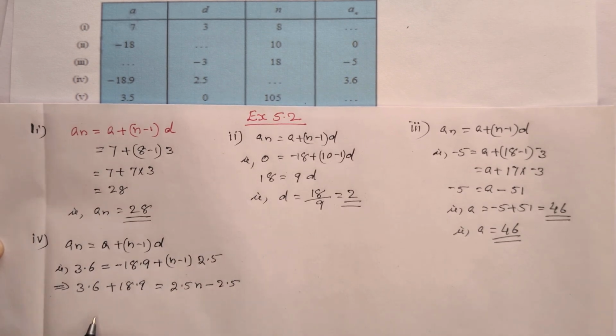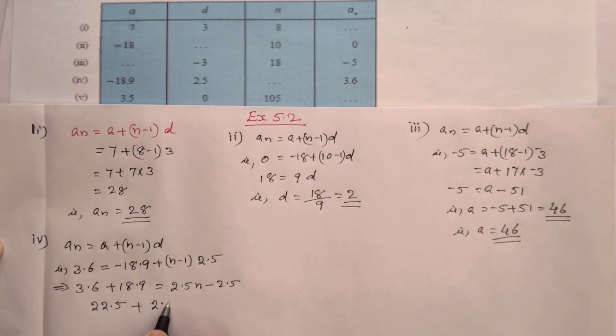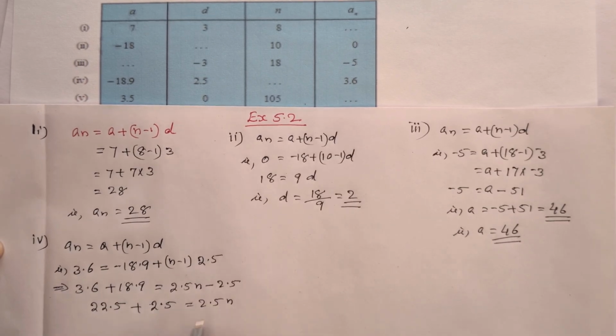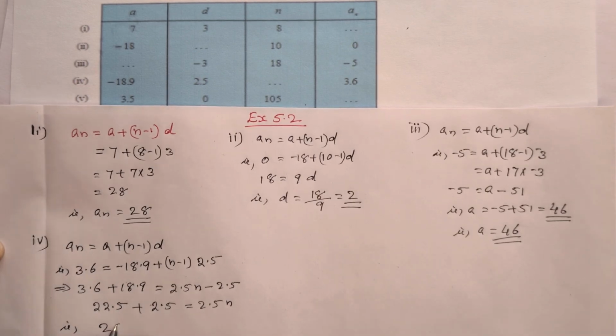So when we are adding these two, it will come 22.5. Then that plus this 2.5 to the side is equal to 2.5 N. That is 22.5 plus 2.5, it will become 25. 25 is equal to 2.5 N.